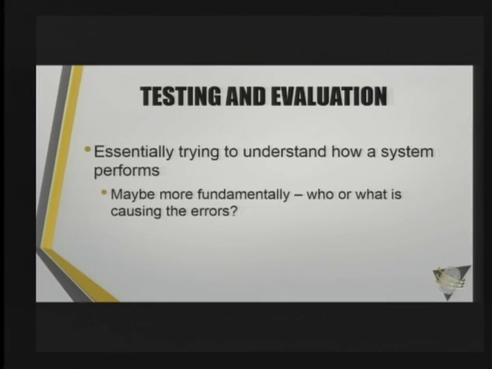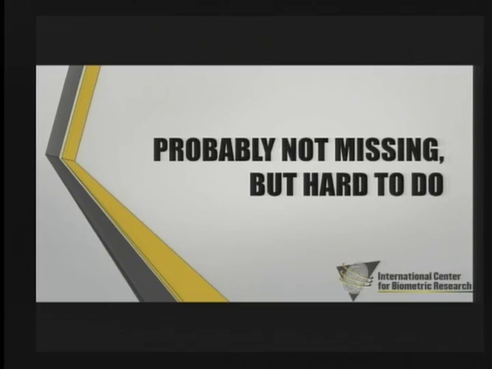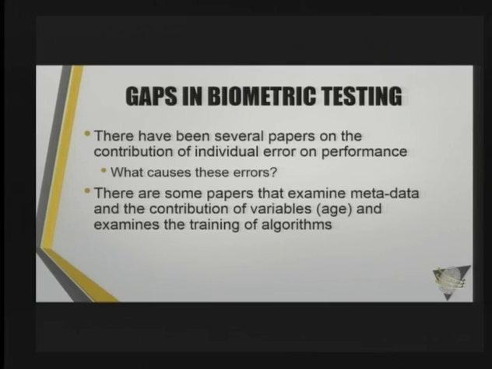That's what we're trying to look at within our testing. So my conclusion to this forum was, none of these things are probably missing, but they're really hard to do. When they're hard to do, they're expensive to do, and not a lot of people want to do them. So what we want to take a look at today is what we're doing to try and fix those problems.